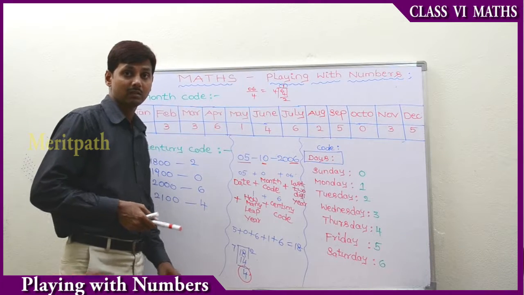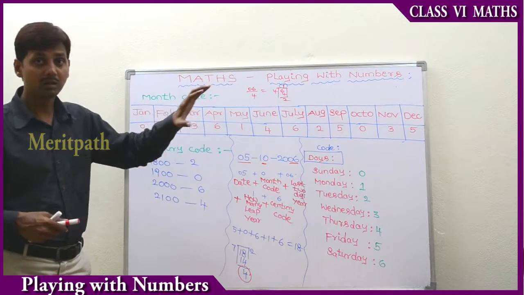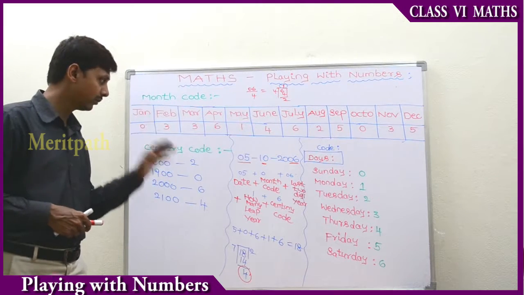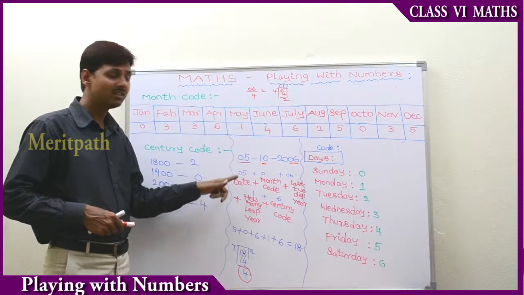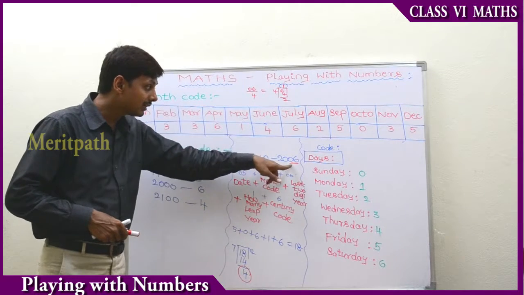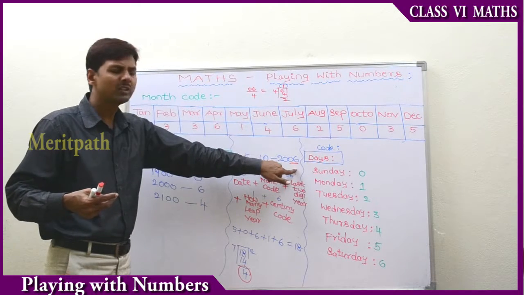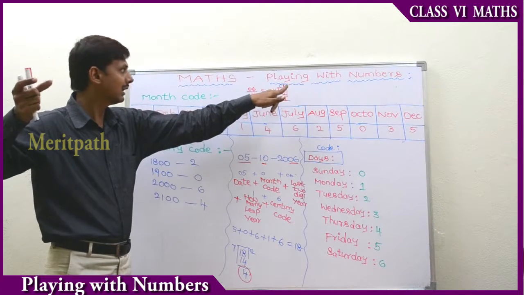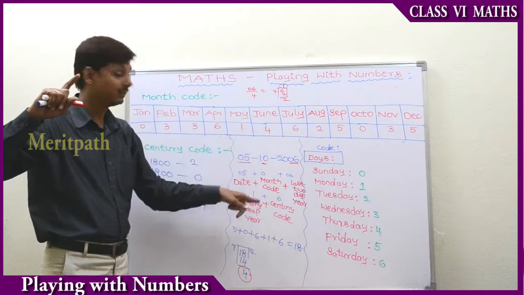So let's recall once again. These are the month codes; each and every month has a code. Instead of the month, we add the month code, and we take the date directly. Then the last 2 digits of the year, divided by 4, give the number of leap years: if the quotient is 1, we take 1, if 2, then 2, if 3, then 3.